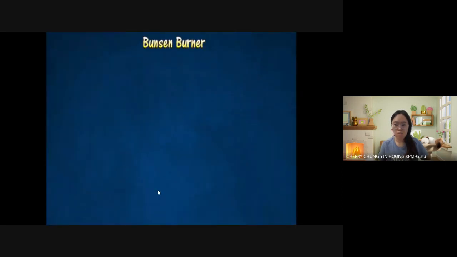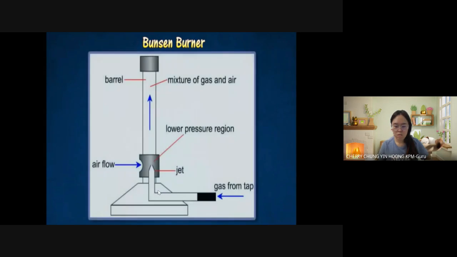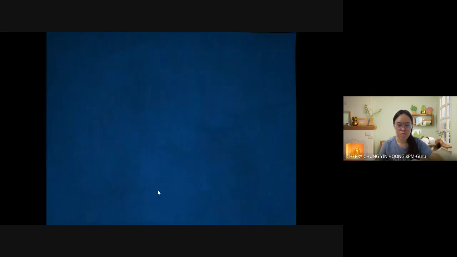When a Bunsen burner is connected to the gas supply, gas gusts out through the jet with high speed, creating low pressure region around the jet. The outside air at atmospheric pressure, which is higher, is sucked into the low pressure region. The mixture of gas and air, which enters the barrel, is then burned to produce a flame.